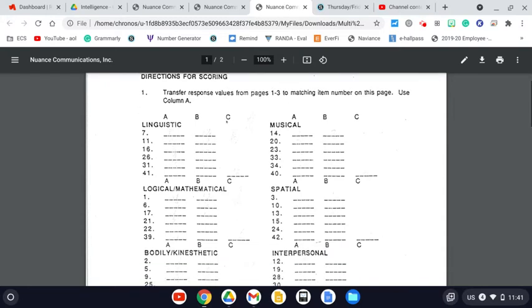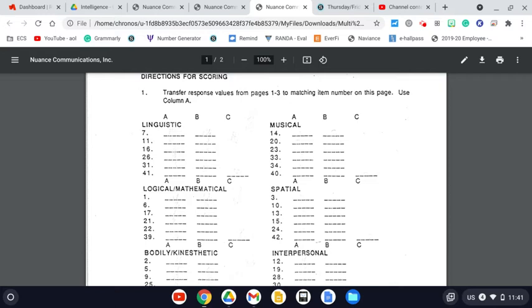Okay, scoring. So scoring is a little bit more complicated, and I think that's probably why you usually have to pay for the results for Gardner's test, simply because the algorithm for that particular platform has to be a little more complicated than just giving you an amount that you got correct.